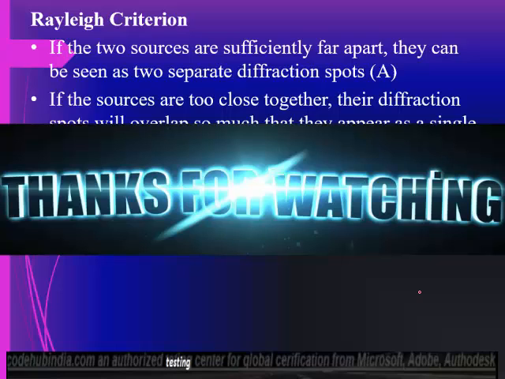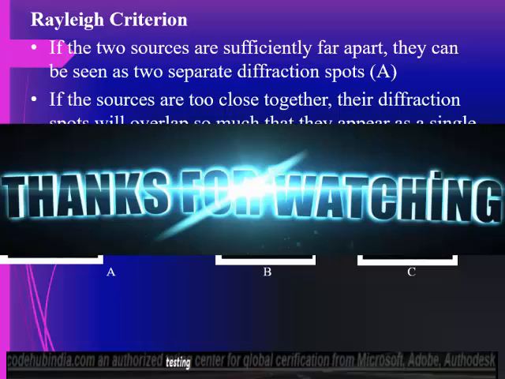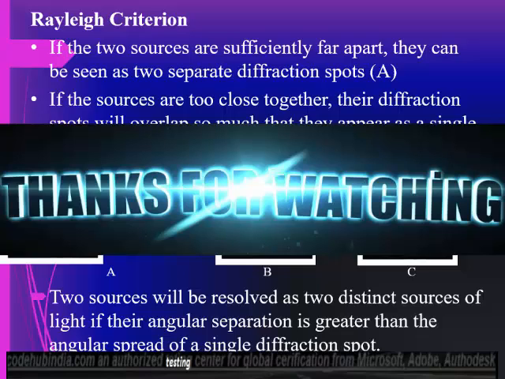Sources are resolved if they can be seen as separate. If the sources are too close together, the patterns overlap and appear as a single source. Understand? Overlapping. The condition is compared: the sources will be resolved if their angular separation is greater than the angular width of the central maximum.